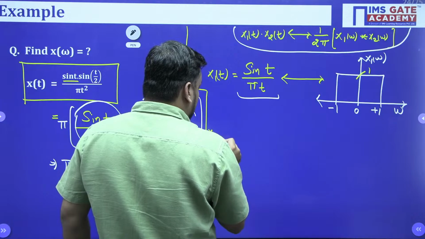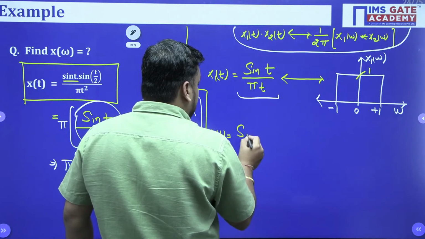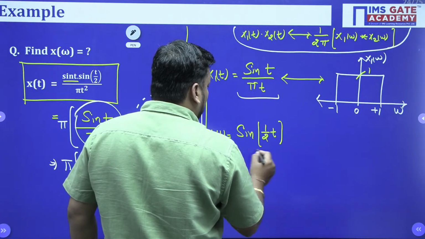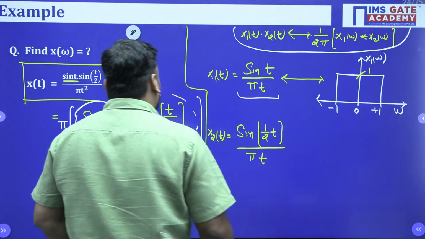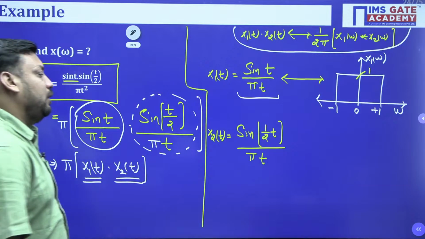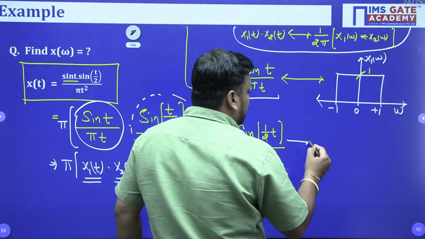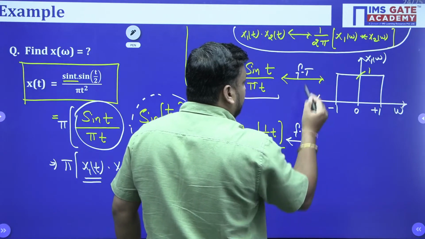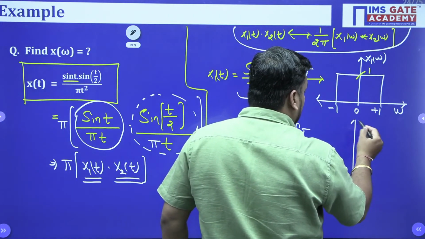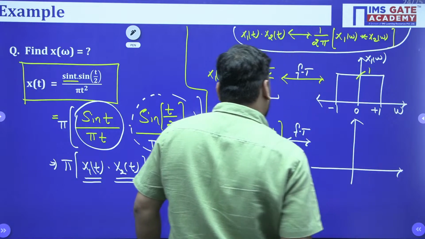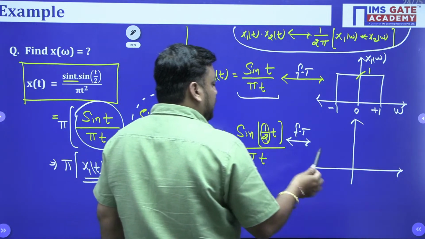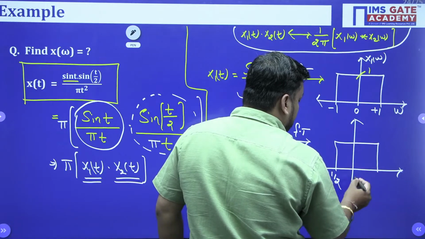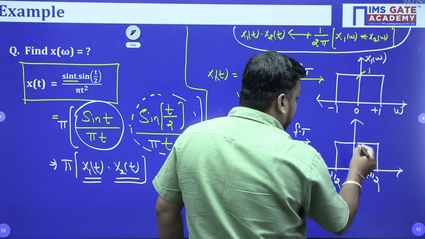Similarly, what is x2(t)? Your x2(t) is sin of half t upon pi t, of the form sin at upon pi t. So what will its Fourier transform be? Its Fourier transform is a rectangular pulse from minus half to plus half, with magnitude 1.